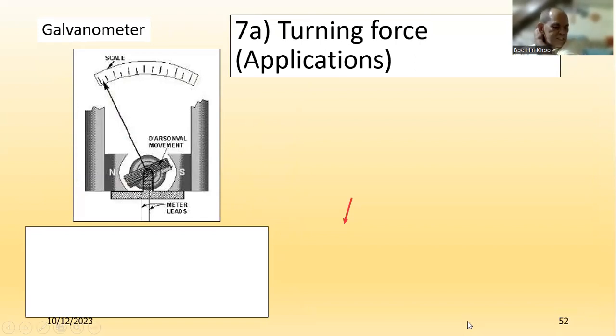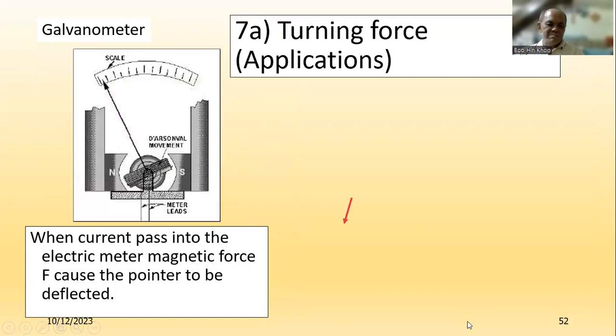We can see the turning effect of forces in applications. Pass the current into an electric meter, and magnetic force F causes the pointer to be deflected. There's your magnetic force F, causing the pointer to rotate.